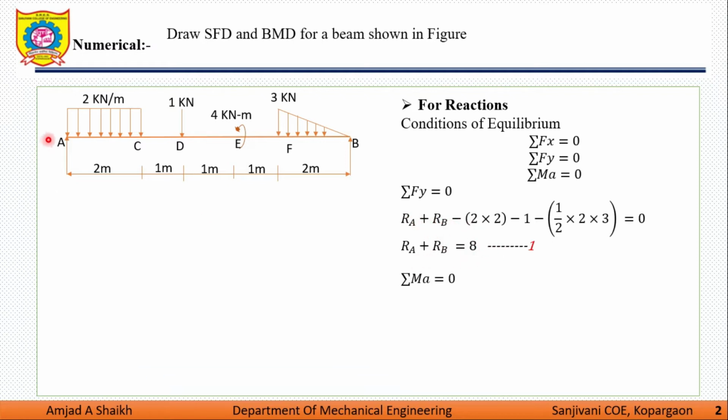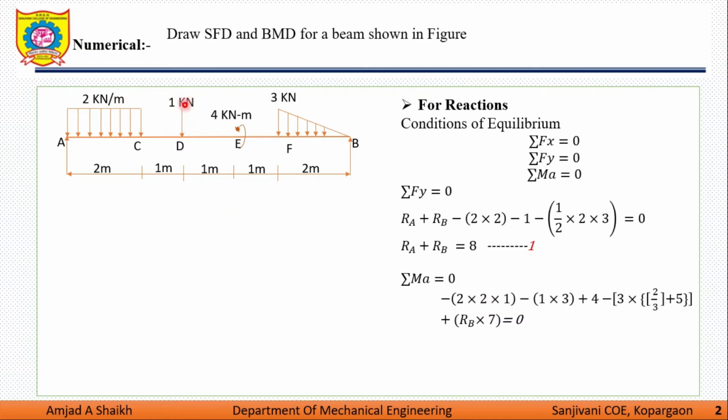Summation of moment about point A is equal to 0. So the moment of this Ra becomes 0. Afterwards, we go for the moments of 2 kilonewton per meter, 1 kilonewton, 4 kilonewton meter, and 3 kilonewton. Convert this UDL into point load: 2 into 2. After conversion of UDL into point load, it will appear at the center position, meaning this distance is 1 meter. So minus 2 into 2 into 1 is the moment of the 2 kilonewton per meter.